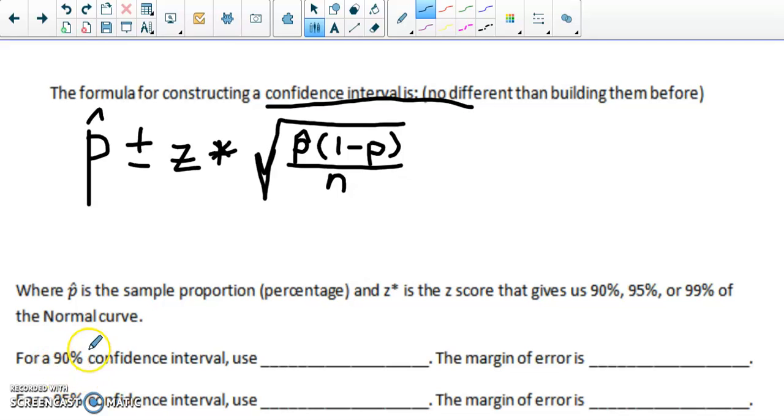You want to be either 90% confident or 95%, which is what we usually use. You multiply that times the square root of p hat times 1 minus p hat, all divided by n. Again, p hat is your sample proportion, and n is your sample size.